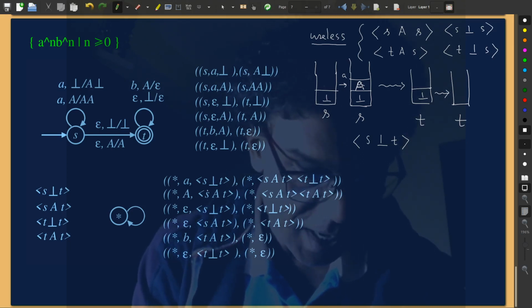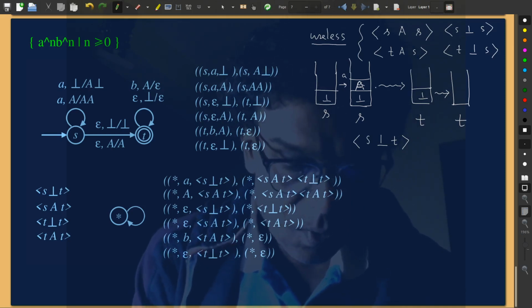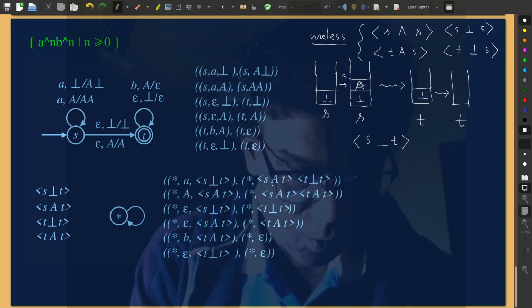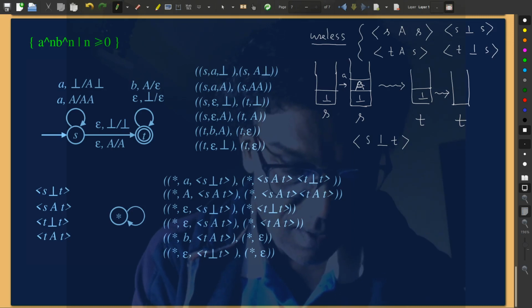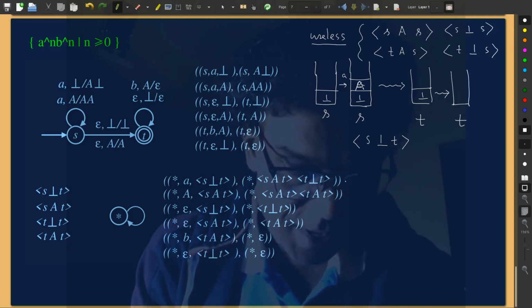And then from S, somehow I have to go to T after consuming this A from the stack. And from T to T, I have to go after consuming this. So for this, I am adding this.